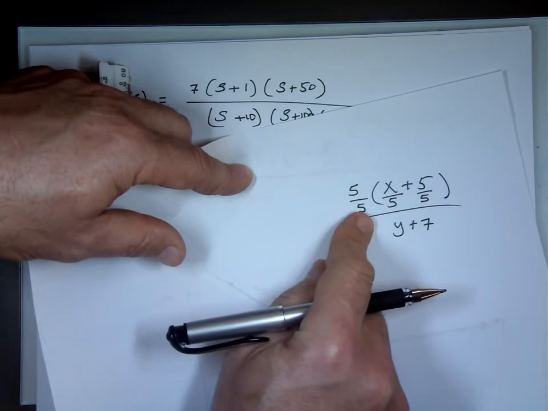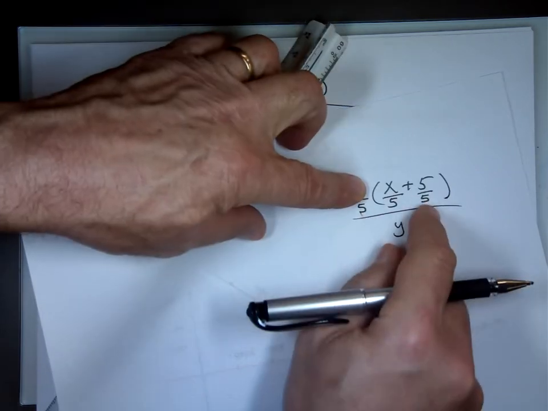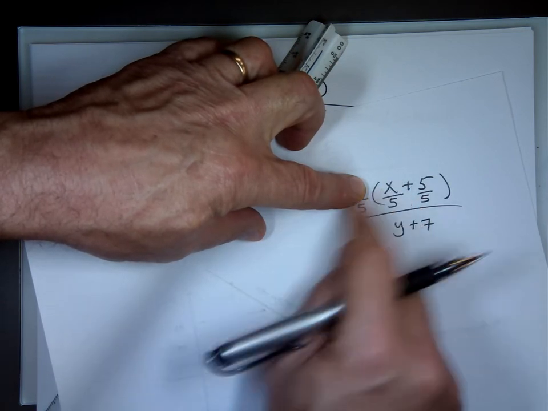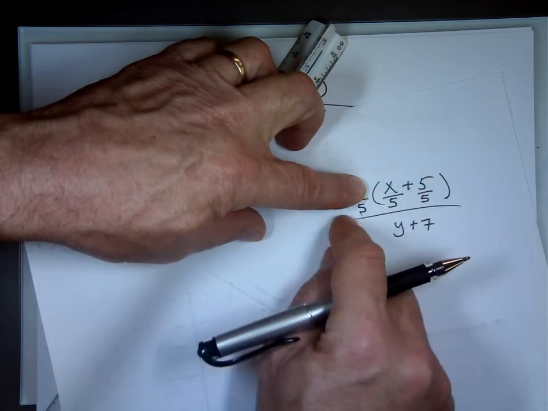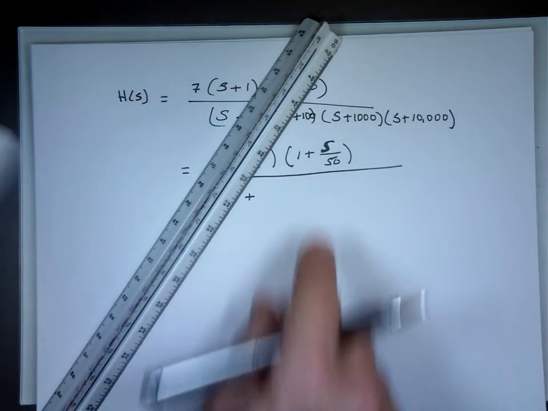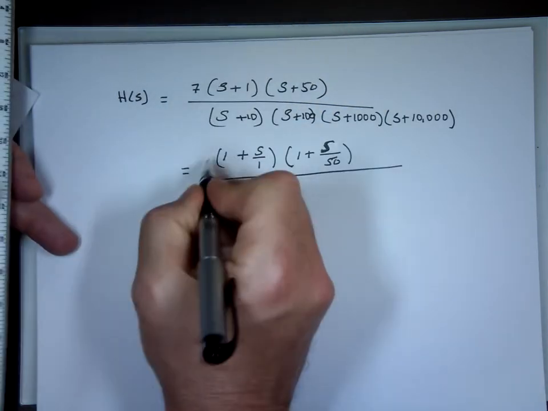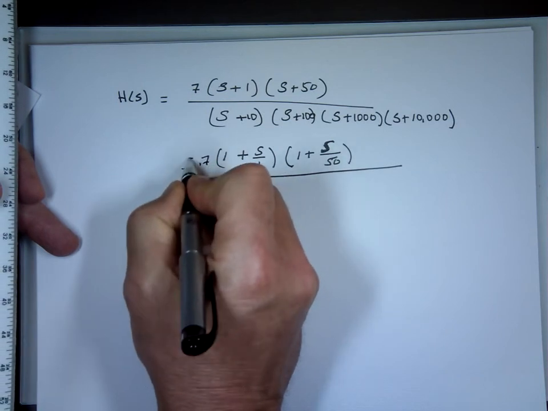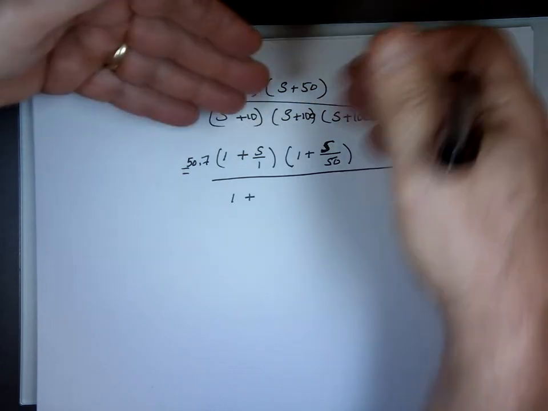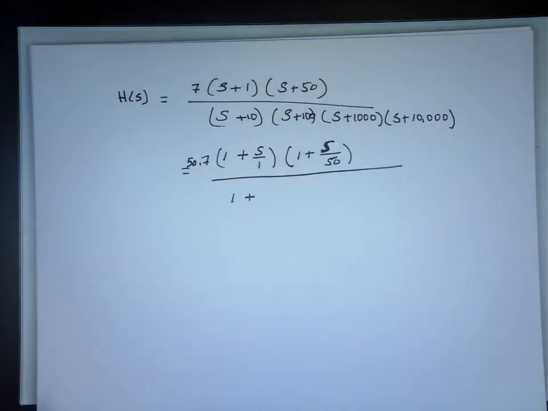So you distribute that 1 over 5 in front of that, and that becomes S over 5 and 5 over 5. So when I divide here by 50, I really pulled out 7 times 50 in the front to make sure the function doesn't change its value. So if it's given to me like this, and I want to turn it to this, that's what I got to do.